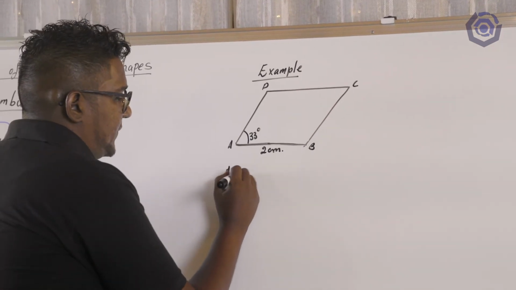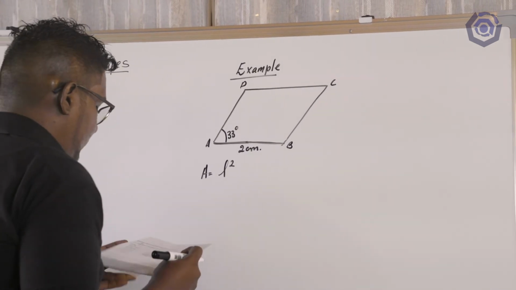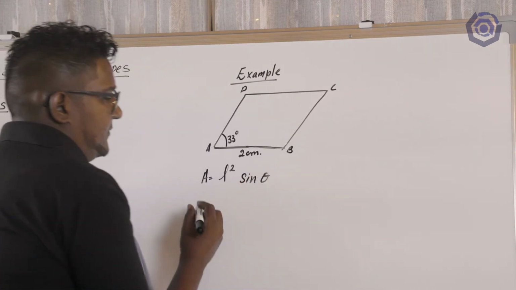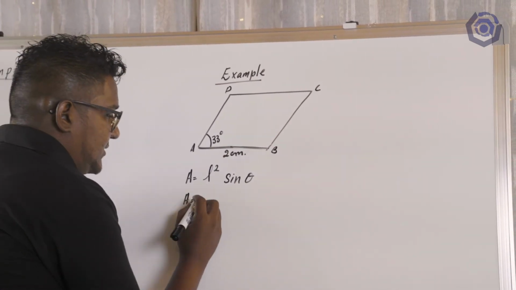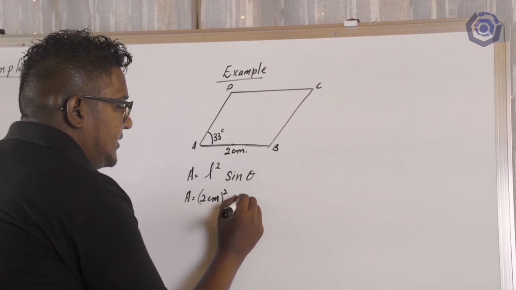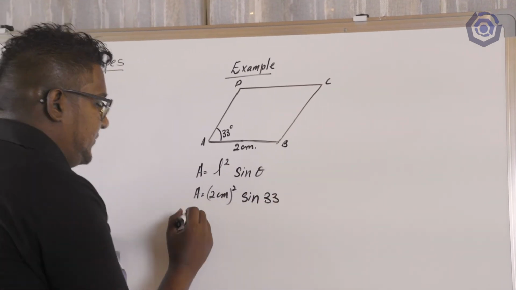So A is equal to L squared sine theta. A is equal to L, which is our length, so that's going to be 2 cm squared sine the angle that is given, and that's going to be 33.